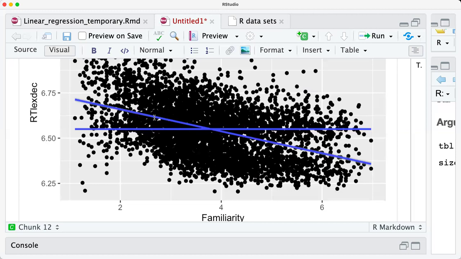You will have a regression line which is not zero. So if you concluded before that since the regression line is different from zero, familiarity is a cause of lexical decision, you should conclude also that lexical decision is a cause of familiarity, because if you base it only on this picture... causality requires more information, and that's what we will see.